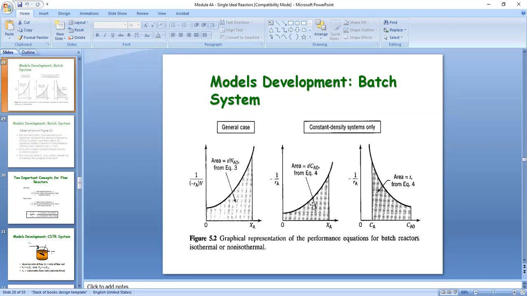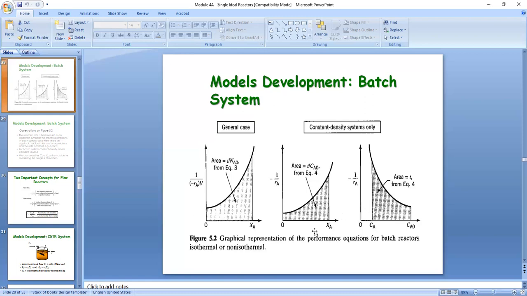In here, you have two graphs. One is in terms of conversion, the other one is in terms of concentration, as you can see. So you have on the vertical axis the reciprocal of the rate. If you plot negative 1 over RA versus XA, or 1 over RA versus CA, you will have the area under the curves as follows.